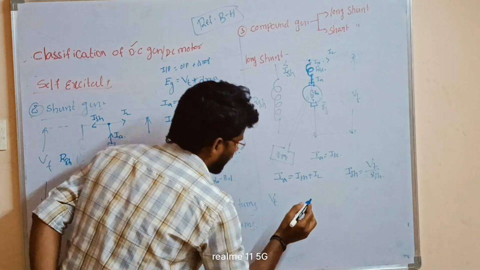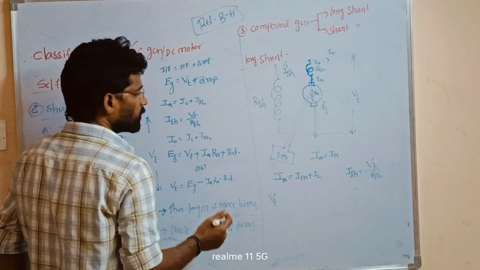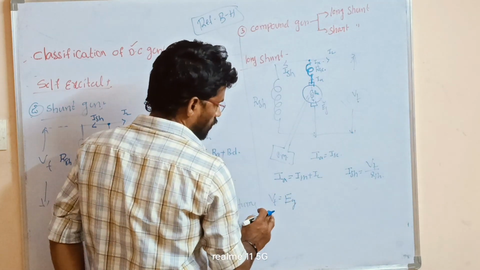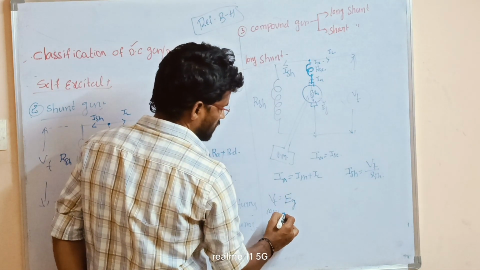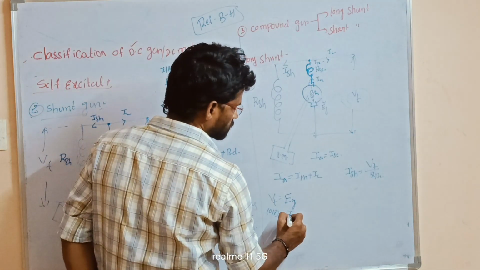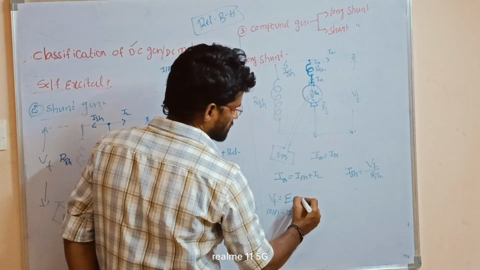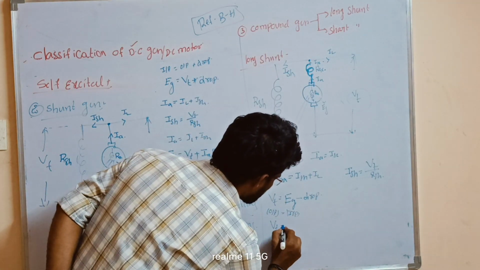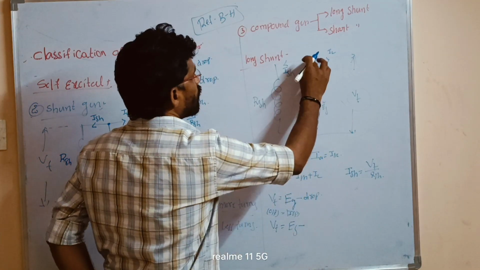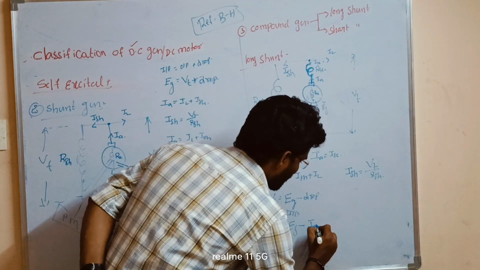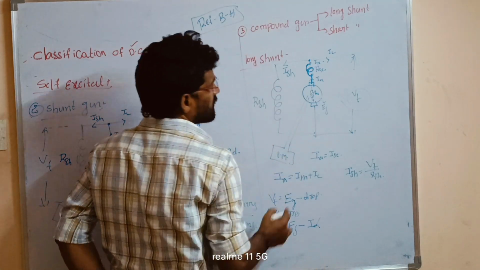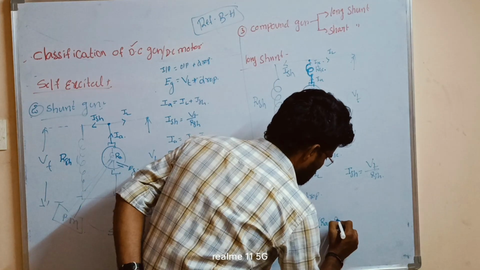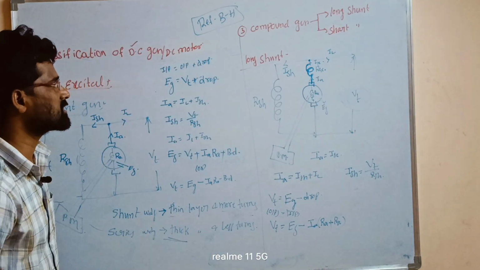The output voltage equation is equal to input voltage EG minus losses, minus drops. So VT is equal to EG minus IA, which is equal to ISC, passing through the armature resistance and series field resistance.